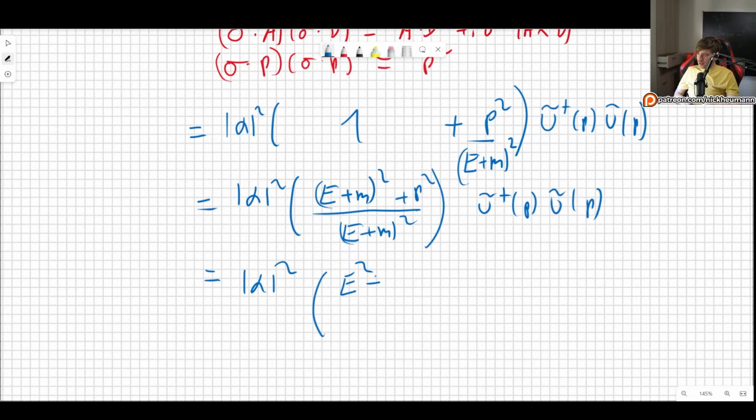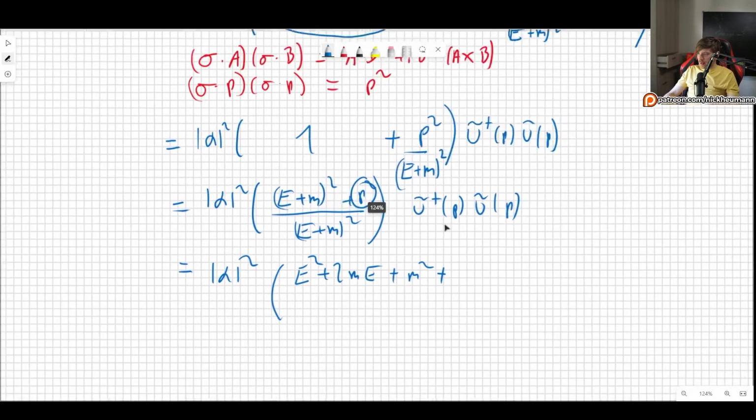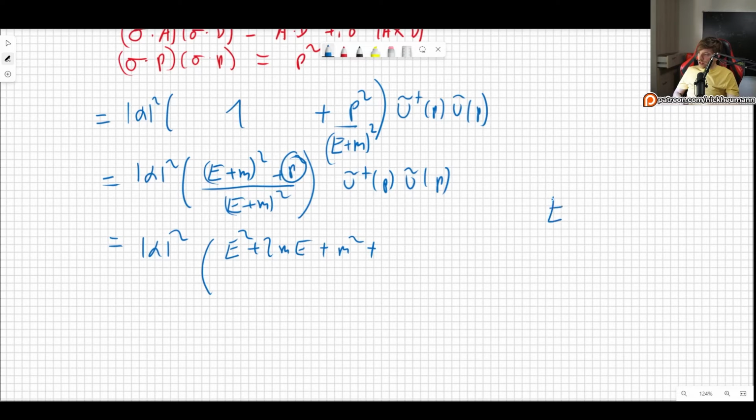So we get E squared plus 2mE plus m squared plus p squared. We know that the energy squared is equal to p squared plus m squared, which means that p squared is E squared minus m squared. So using this, we get E squared minus m squared, times our u's.